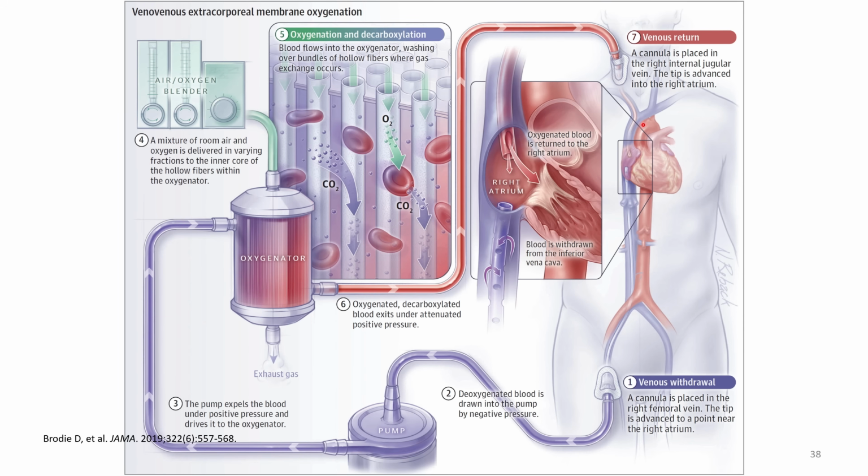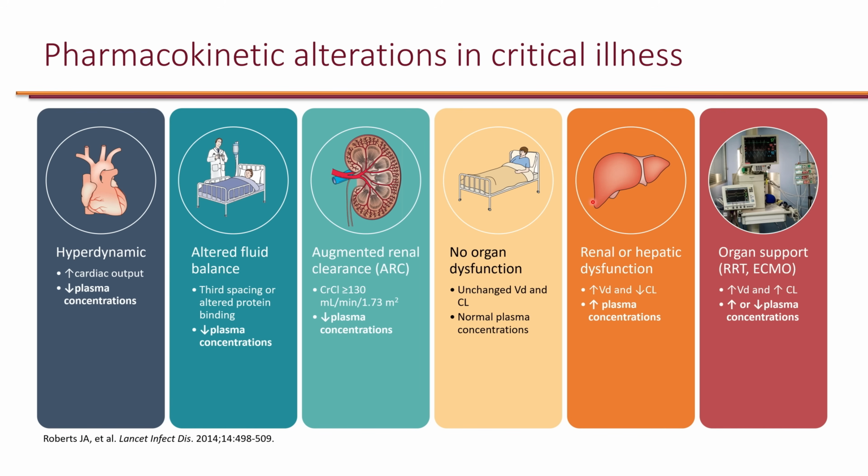This is a big machine, and as you can imagine, the blood is going through this big machine, so volume of distribution changes, but ultimately drugs can also get stuck in this machine, so that will affect your drug levels or concentrations. The best thing to do is therapeutic drug monitoring when available, because we cannot do therapeutic drug monitoring for every drug.